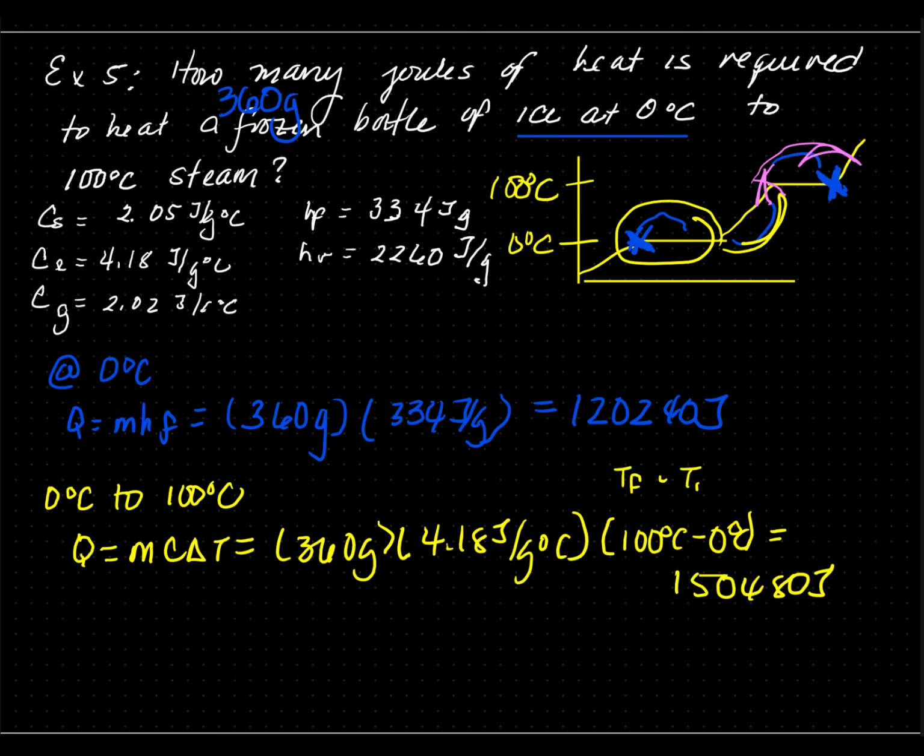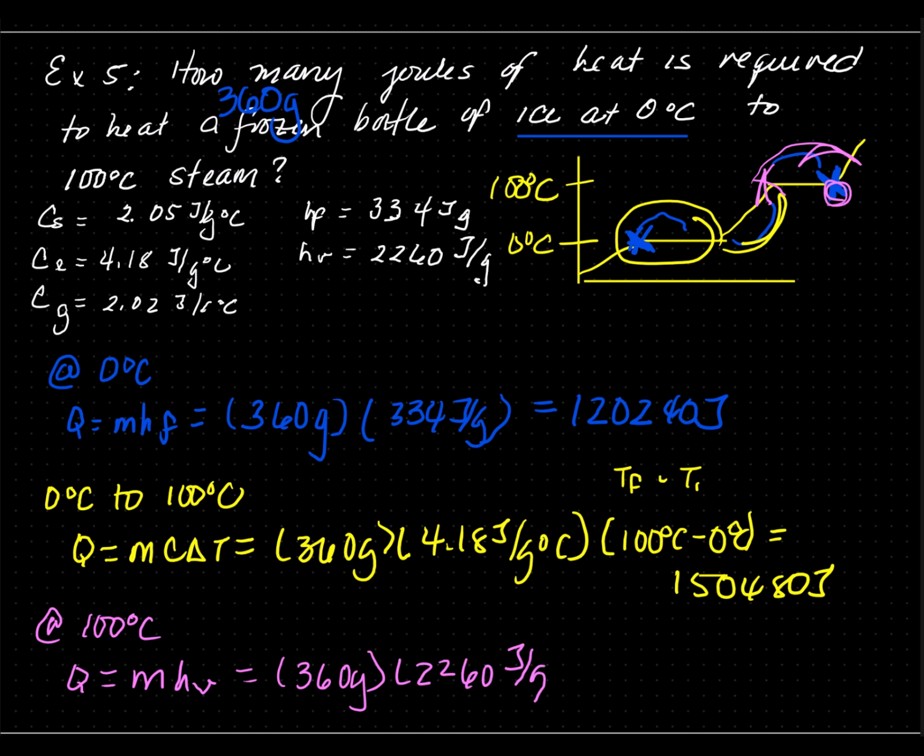I raised my water from 0 degrees to 100 degrees. Now I'm going to vaporize it because I want it to become steam. So we are at 100 degrees, so my equation is going to be Q is equal to mHv because we are vaporizing and there's no change in temperature. My mass is still the same, 360 grams. My heat of vaporization is 2,260 joules per gram. This is going to equal 813,600 joules.